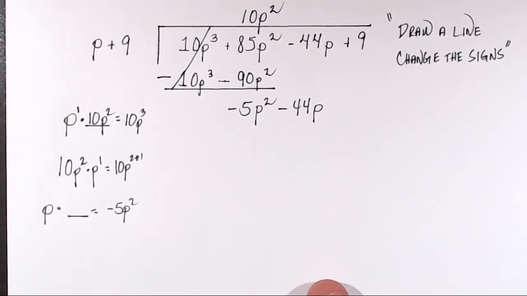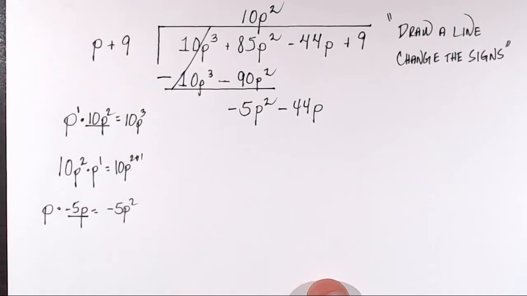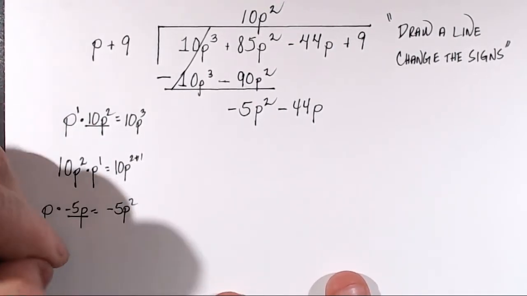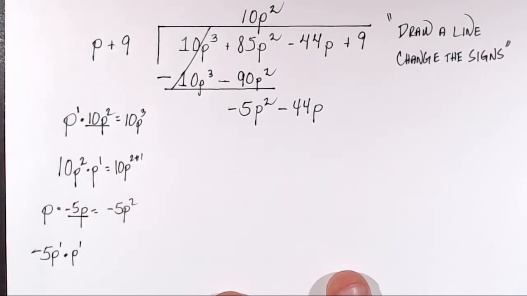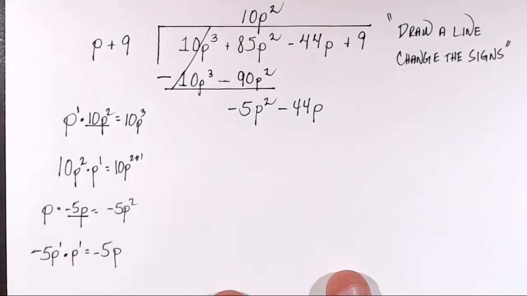The thing you need to multiply p by is negative 5p, because negative 5p to the first power times p to the first power equals negative 5p to the 1 plus 1 power, which is negative 5p squared.